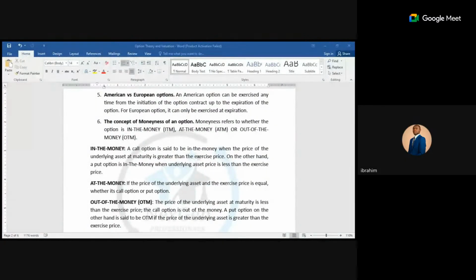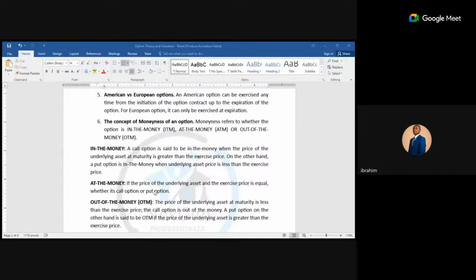We equally explained the concept of moneyness, when we have in the money and out of the money. The concept of moneyness is just talking about how investors make money in the option market, whether they make profits or losses or are at par.